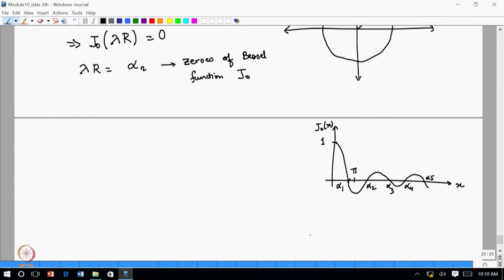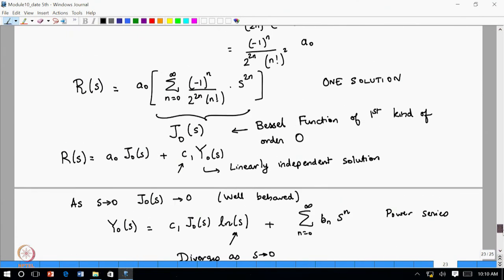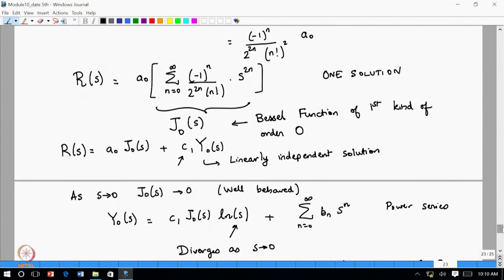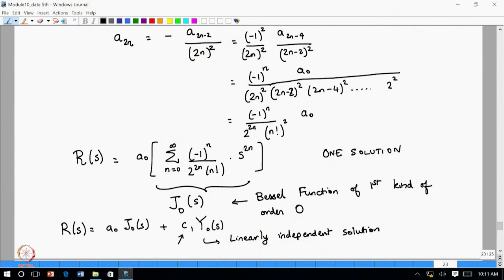So, J0 of x is tabulated. Since it involves an infinite series, for any value of x you have to write it as an infinite series. So, J0 of x is basically this function.